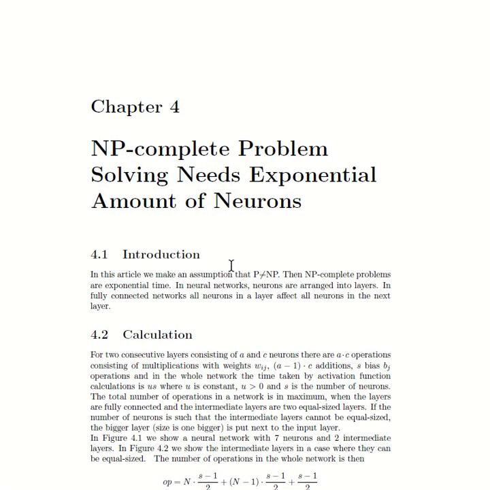Article number 4: NP-complete problem solving needs an exponential amount of neurons. This is about neural networks, and we may have heard of NP-complex problems. We make an assumption that P is not equal to NP.